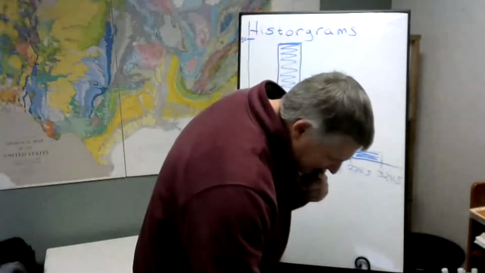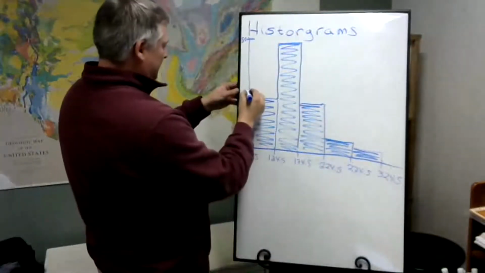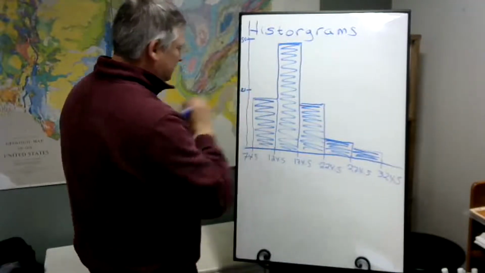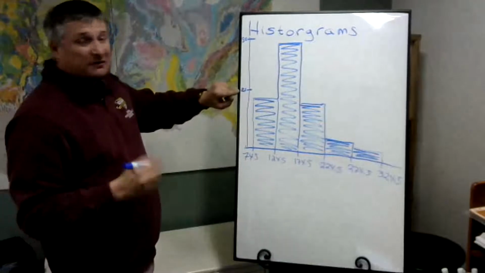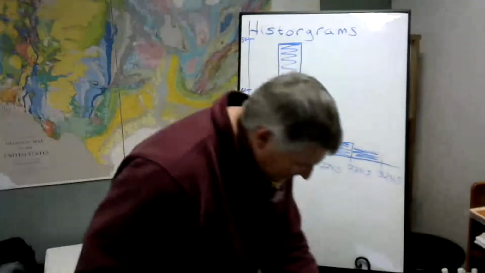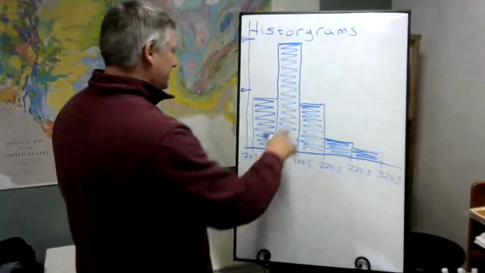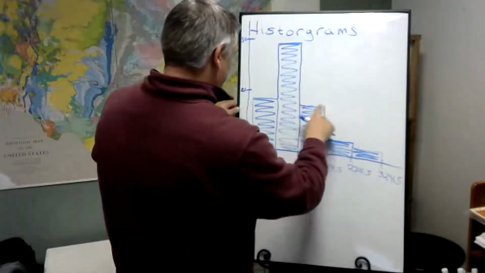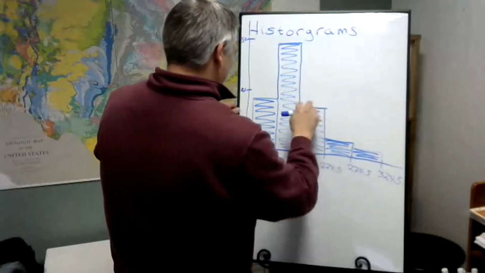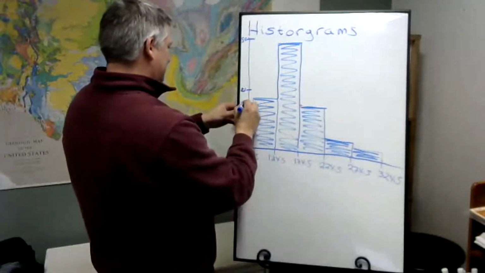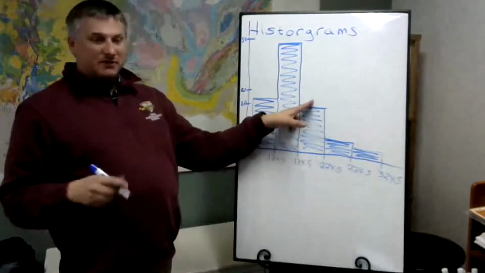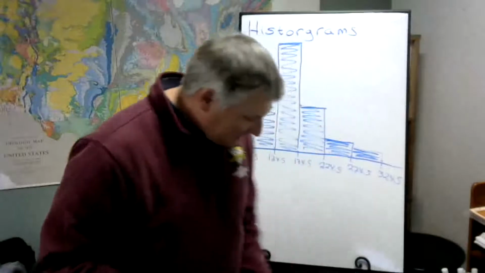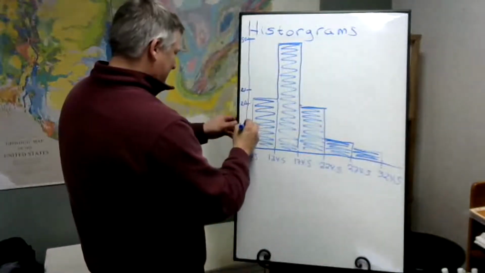Let's see, this one, 22, so let's say this is 25%. That would put this one at 22. Next one, 20%. Oh, this one should have been a little lower, I think. Pardon me on that. That'd be 20%. I should have drawn this one a little bit lower. And then 6%, so let's say this would be 10.